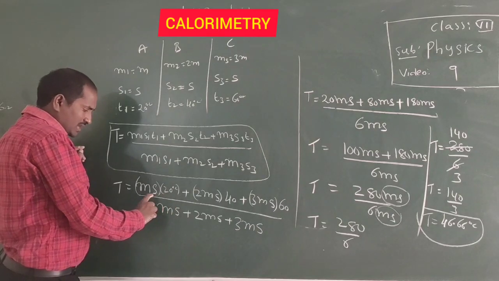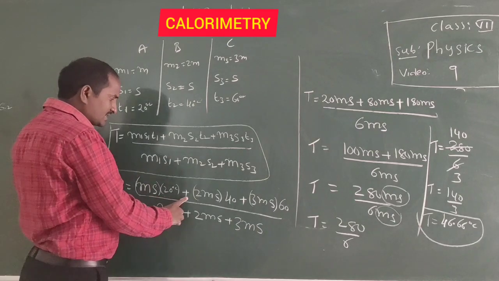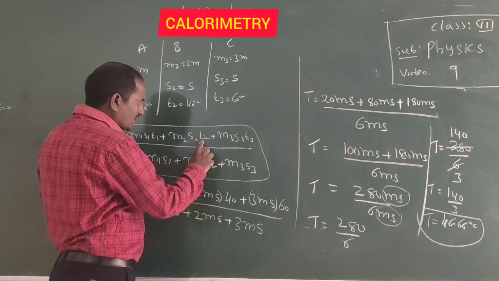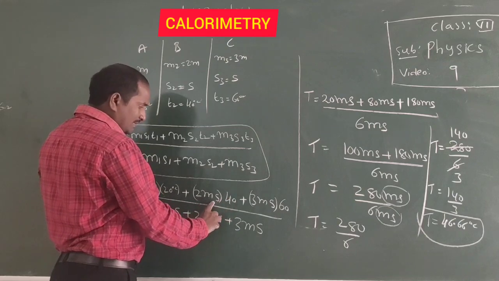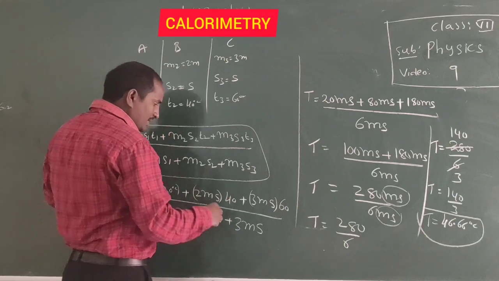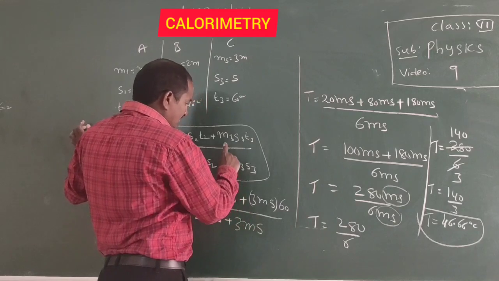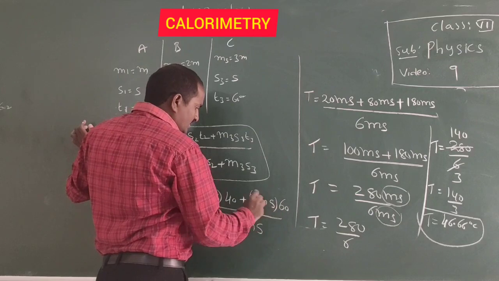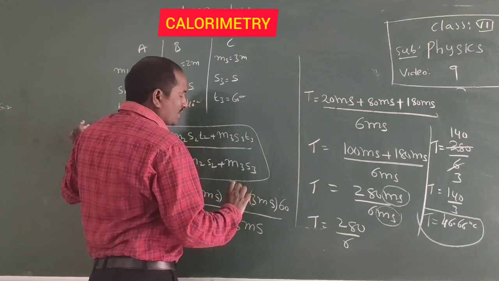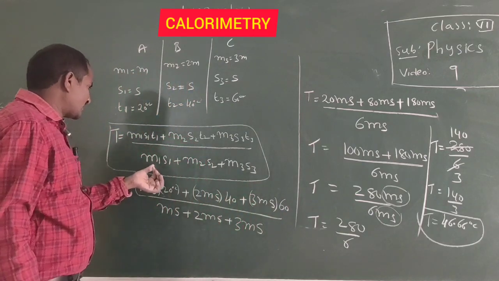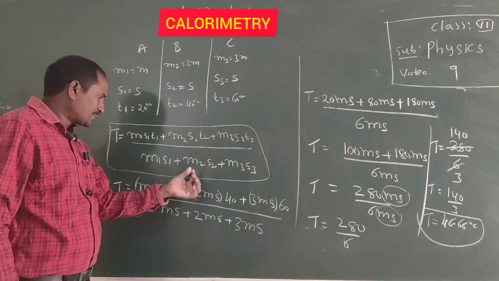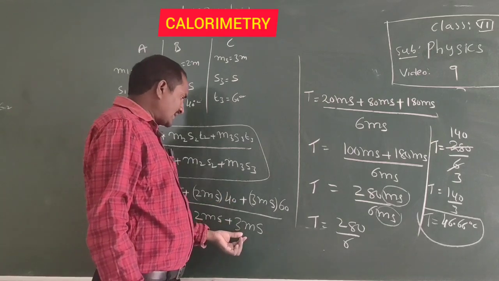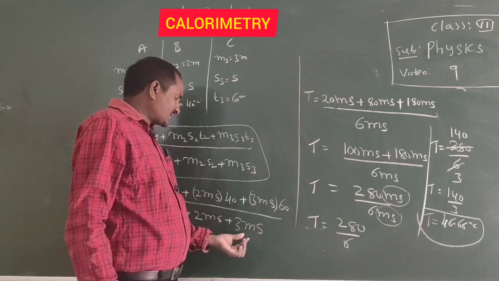So MS into 20, 20 MS, plus M2 equal to 2M, S2 equal to S, 2 MS into T2, that is 40. So 2 MS into 40, 80 MS, plus M3 equal to 3M, S3 equal to S, T3 equal to 60. 3 into 60, 180 MS, by M1S1 equal to M into S, M2 equal to 2M, S2 equal to S, 2 MS, plus M3 equal to 3M into S3 equal to S, 3 MS.